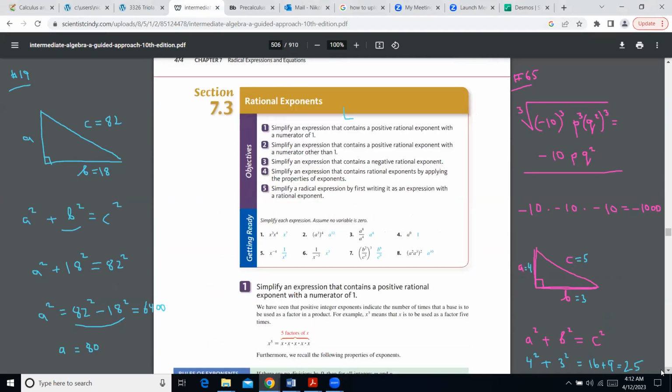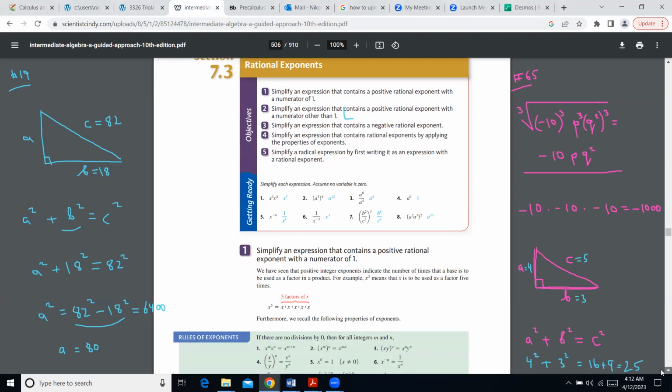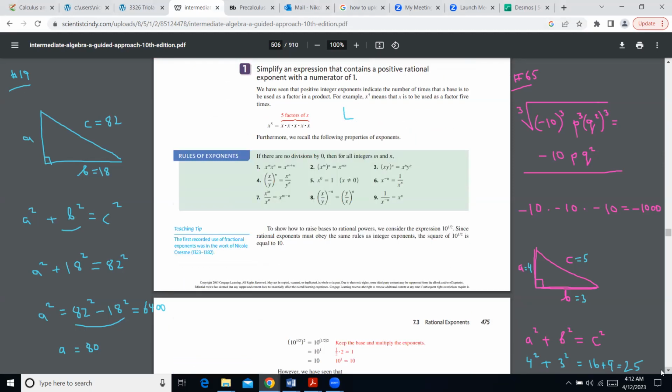So I'm going to move on to the next part of the story that talks more about those powers and everything, and they actually give us various so-called properties of powers, properties of the exponents.